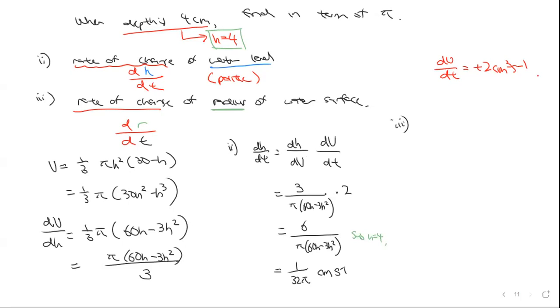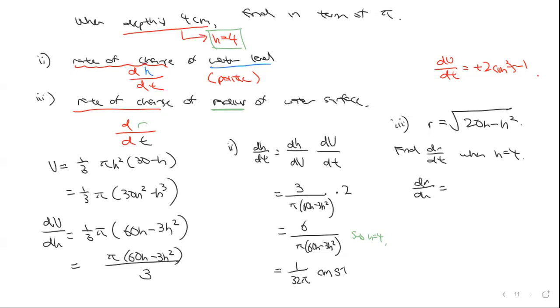We also know that r equals the square root of 20h minus h squared, and we're basically asked to find dr/dt when h equals 4. There's a few different ways we could do this, but ultimately, since r is in terms of h, we need to derive r. So dr/dh.